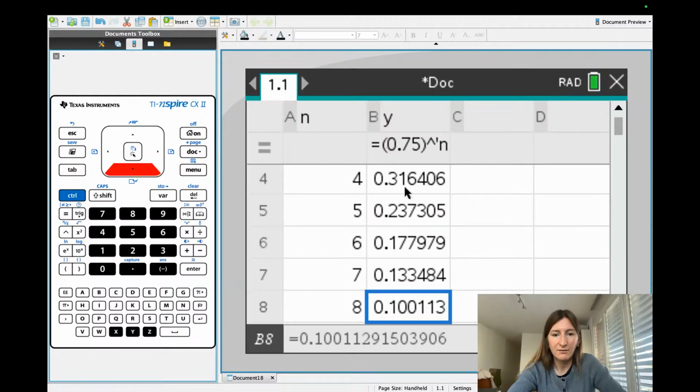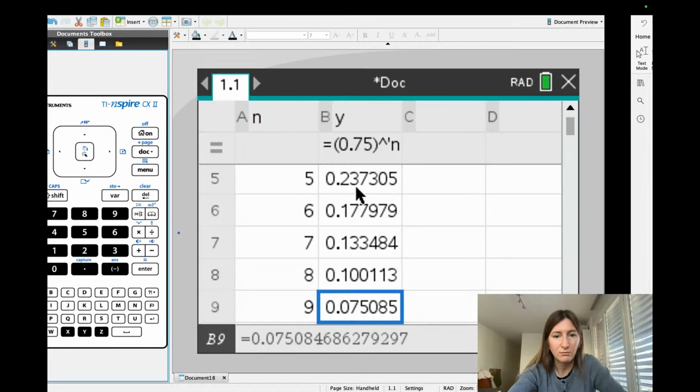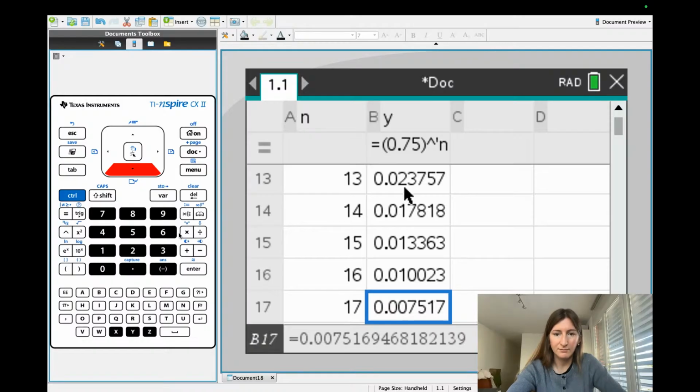All right, so let's go and have a look. We want, remember, a value that is less than 0.01. These are still too big, too big, too big, too big. There we go. This value is going to be less than 0.01.